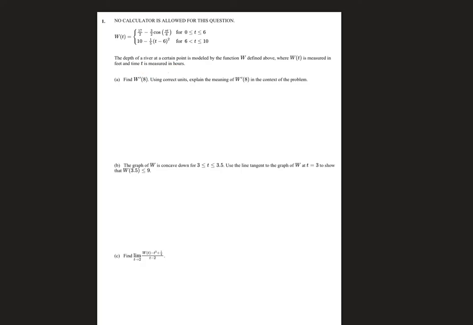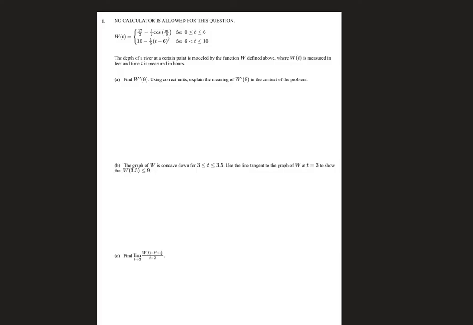So this is the depth of a river. Whatever value of t you plug in, which is some hours after something happened, you plug it into the appropriate part and you get the depth of the river at that t value.